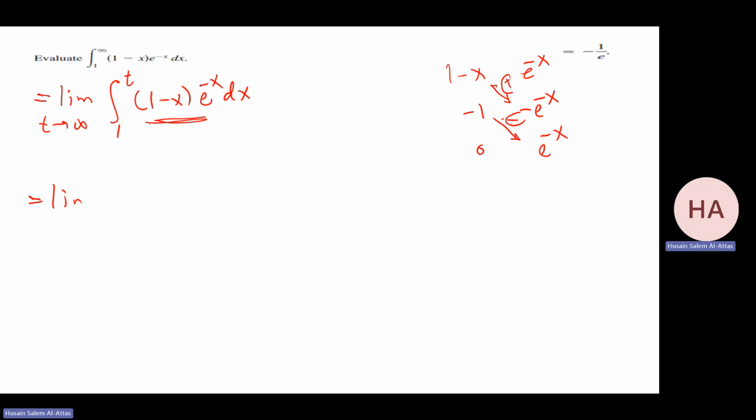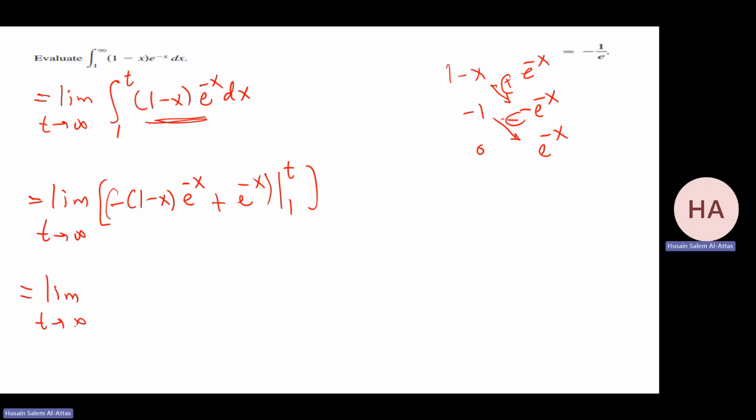So still the limit is there. T goes to infinity. What? That will be what? Minus x e to the minus x. Then minus e to the minus x. This is from 1 to t. That will be the limit as t goes to infinity.